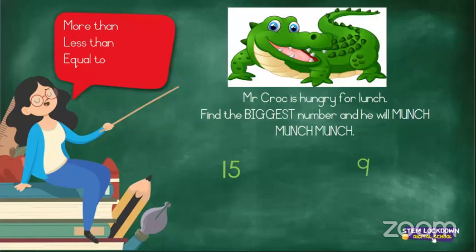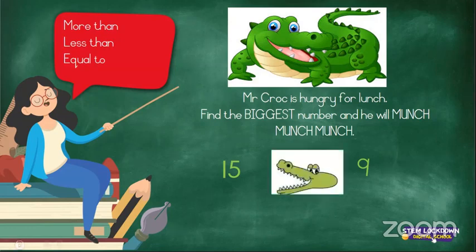Because it's bigger. Good, because 15 is bigger than 9. So Mr. Croc is going to eat number 15. Can you see his mouth is open nice and wide towards number 15? He is ready to munch number 15.